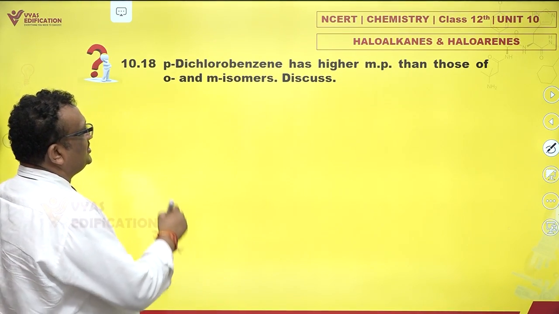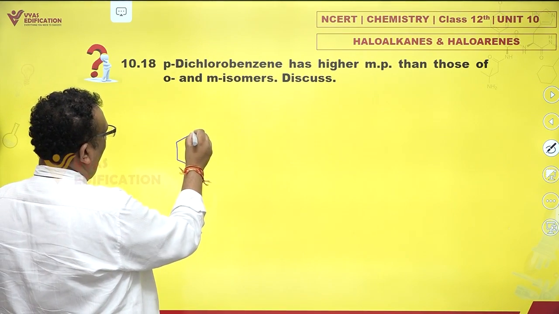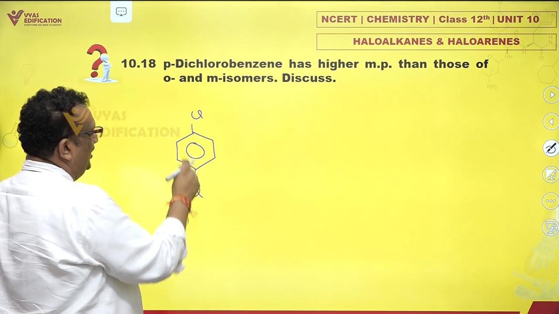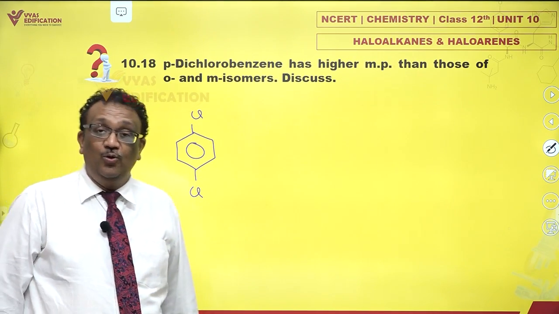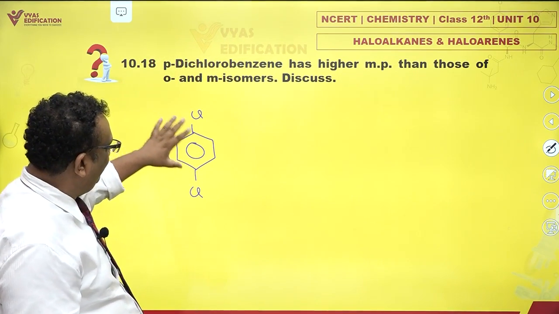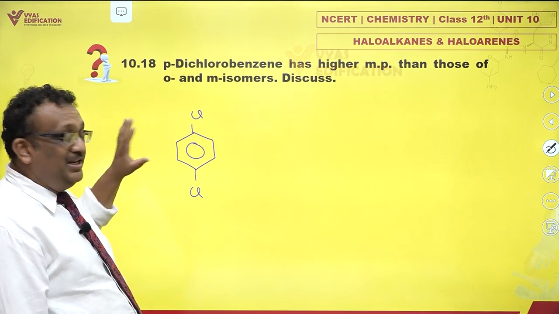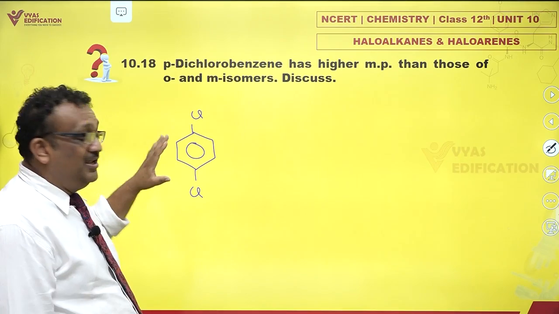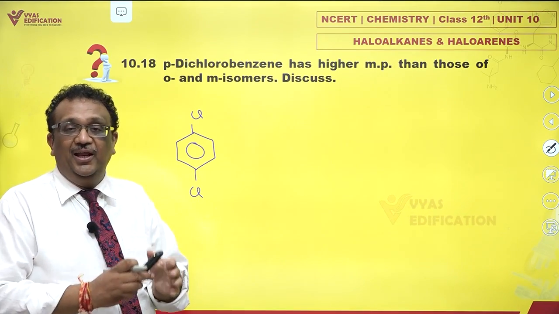Para-dichlorobenzene has a higher melting point than ortho or meta. Discuss. See, para-dichlorobenzene is very symmetric. It can be neatly stacked one over the other, nicely in crystal structures. Because of symmetry, it can form very good fitting.